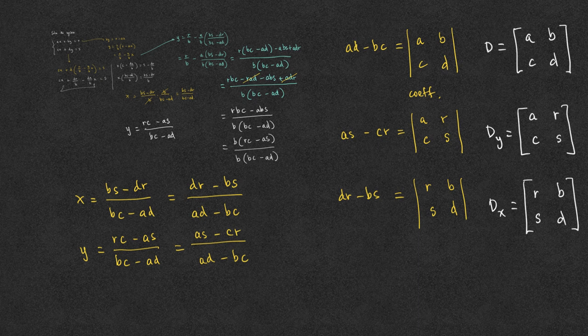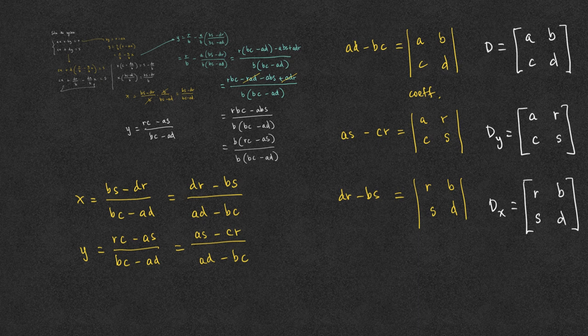Think of it as we take the matrix D and we replace the y column by r, s and the x column by r, s to obtain D sub y and D sub x respectively.